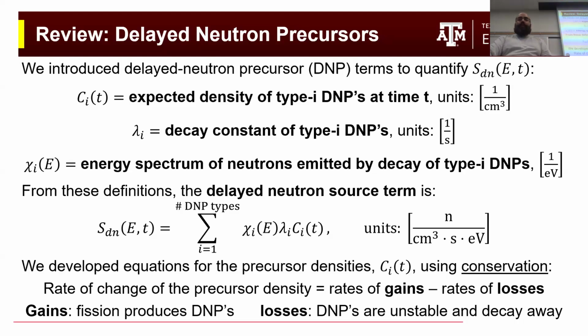For these precursors, they come about because of fission events. Every fission reaction is going to produce some fission products that could decay and produce these delayed neutron precursors. So the gains of these precursors are due to fission. And then the losses are because these delayed neutron precursors are radioactive, they decay. So the losses are due to their decay rate.